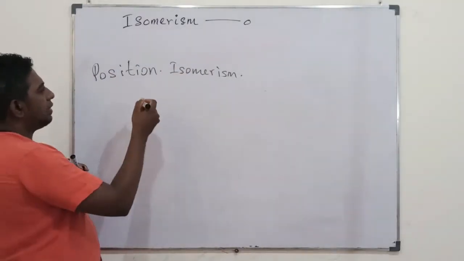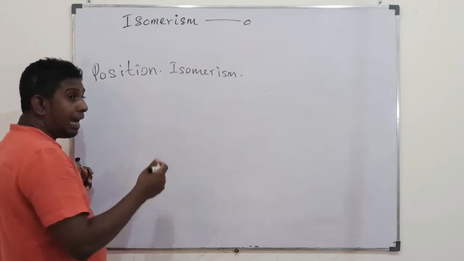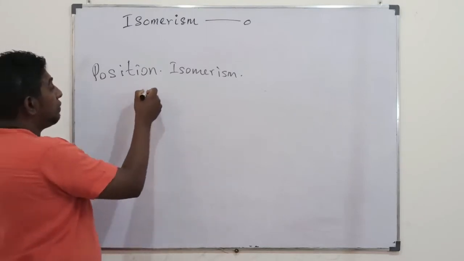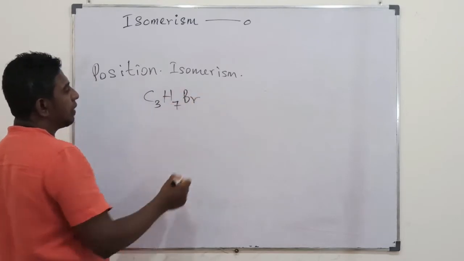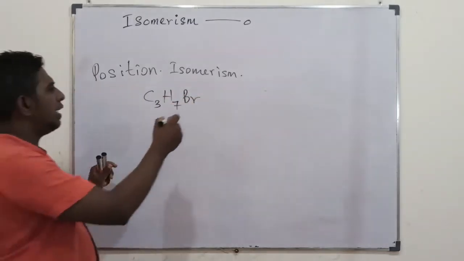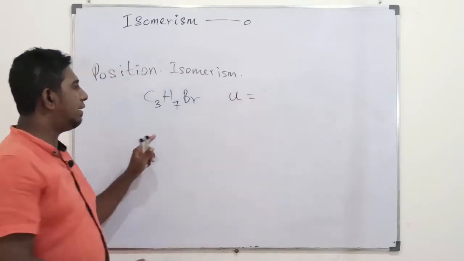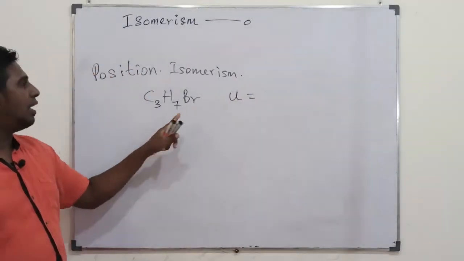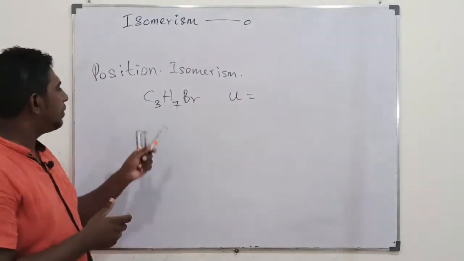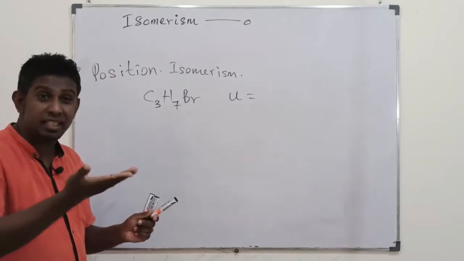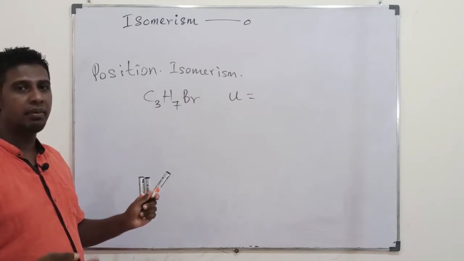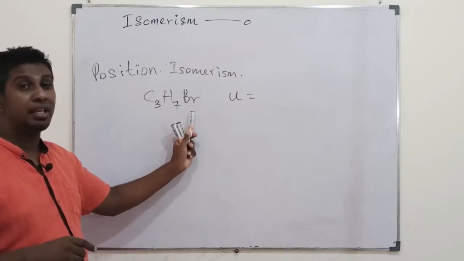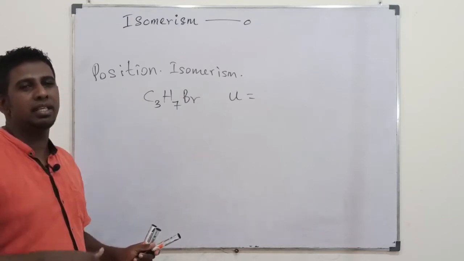Students, I am going to now show you this one, C3H7Br. When you check for the unsaturation number, it has one halogen atom as well. Unsaturation number: 3 into 2 is 6, plus 2 is 8, minus 7 is 1, minus 1 is 0, divided by 2 is 0.